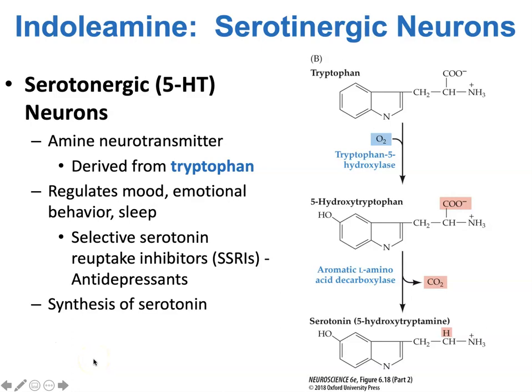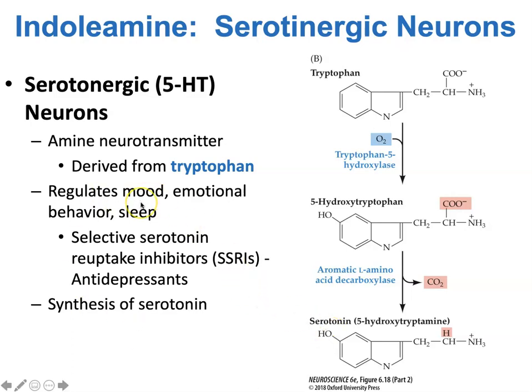So then looking at the indolamine serotonin, we've already talked about its biosynthesis, but I put the biosynthesis here again for you. Remember that the tryptophan is going to be taken up by the neurons via a transporter, and so you're going to have tryptophan in the axonal terminus that will be hydroxylated to 5-hydroxytryptophan, and then that will be decarboxylated to serotonin, or 5-HT.